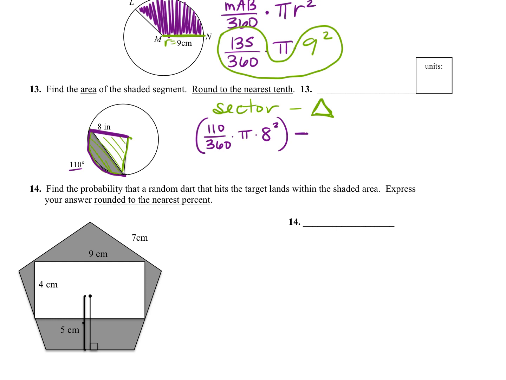And there are plenty of ways to do these types of problems, you guys. The easiest way, if I had to make a recommendation, is to just treat it like an SAS triangle, because radii will always be the same. So that's 8. And the measure of the arc will be the measure of the angle. Okay. So you have side, angle, side, or B, C, and A in that setup.